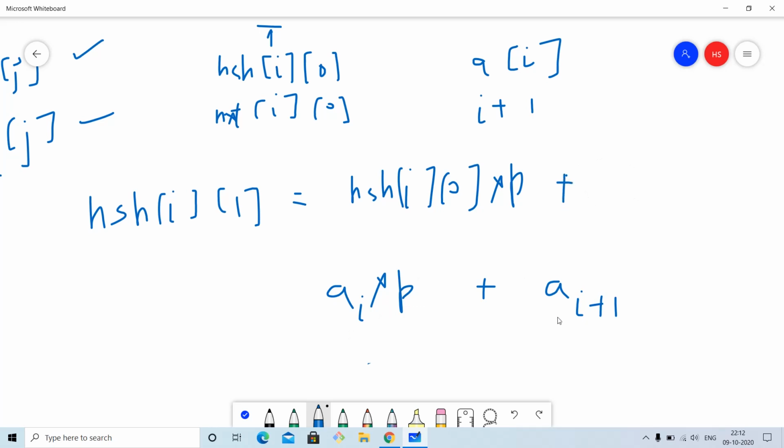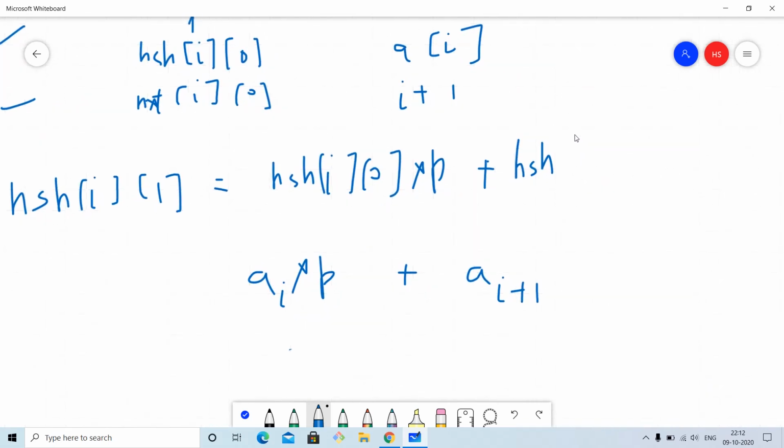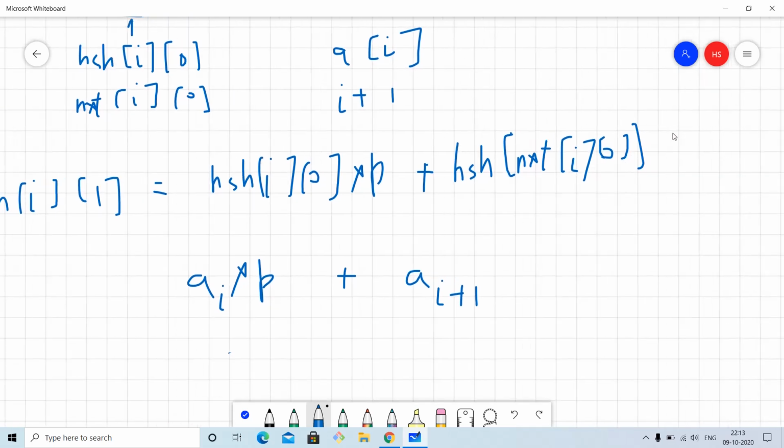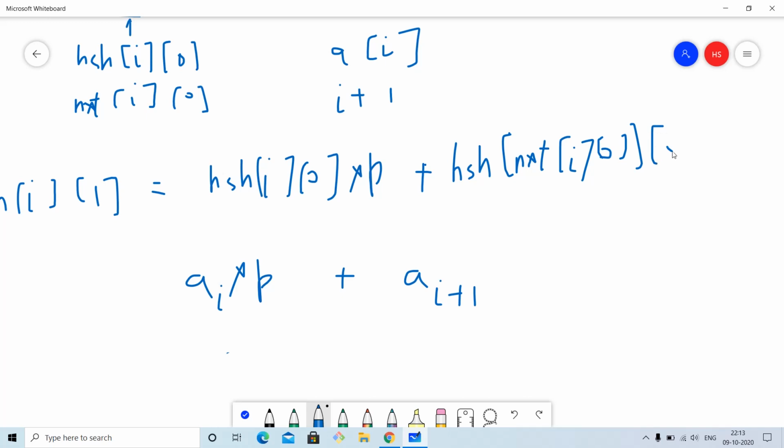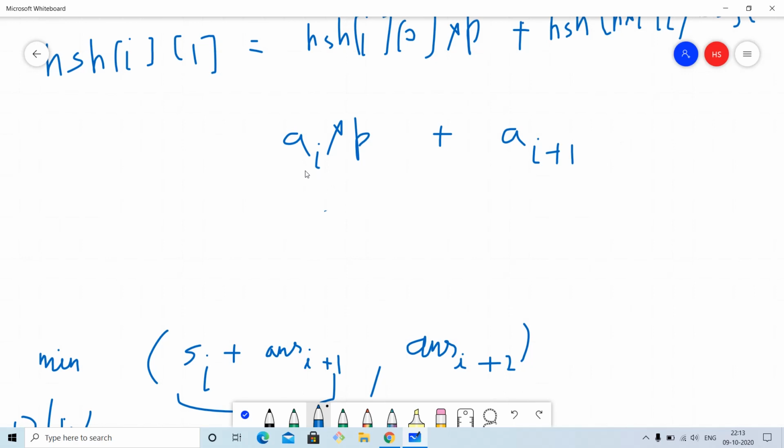Ai plus 1 is the value of the hash starting at position i plus 1, and the i plus 1 position is simply next of i0, right? So hash of i1 is hash of i0 times p plus hash of next of i0, of length 1. In this way we computed the hash of a string of length 2, that is ai p plus ai plus 1.